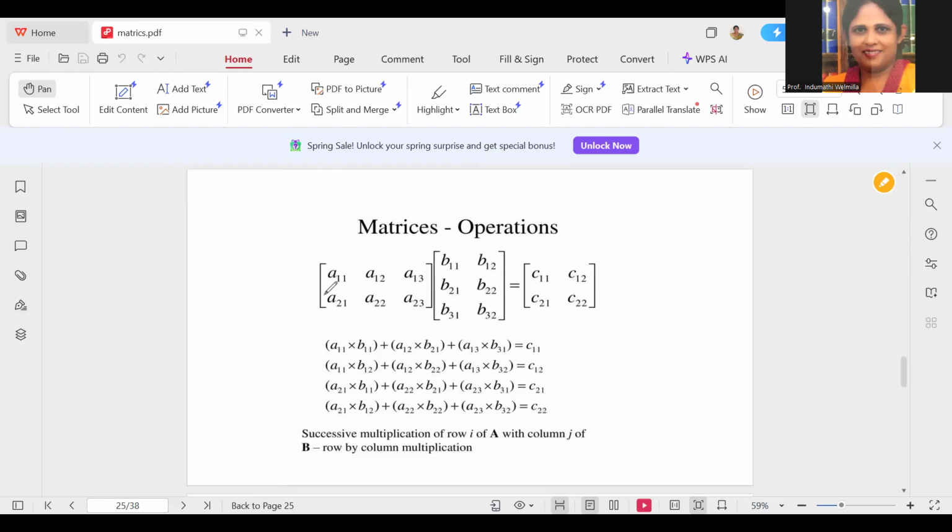So now we can check again, what is the size of this matrix? 2 into 3, right? This one is 3 into 2. Then 3 and 3 are equal, okay.